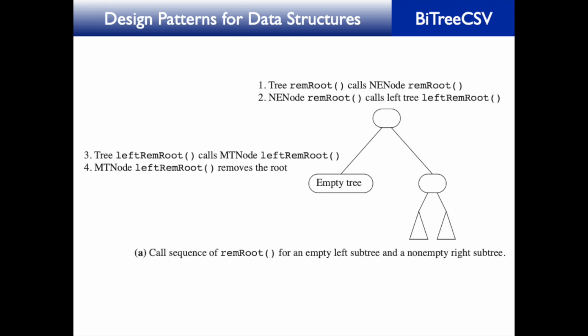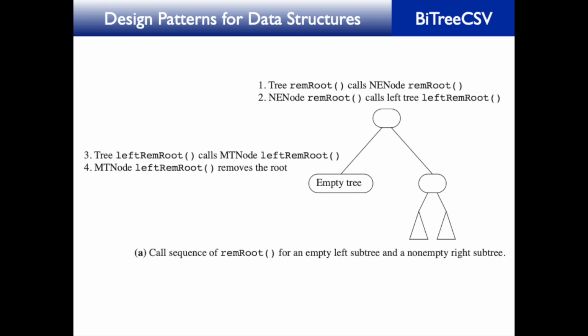Now this figure is a visualization of the call sequence of remroot for an empty left subtree and a non-empty right subtree. So in item number 1 in the figure, the tree remroot calls the non-empty node version of remroot because this tree is not empty.